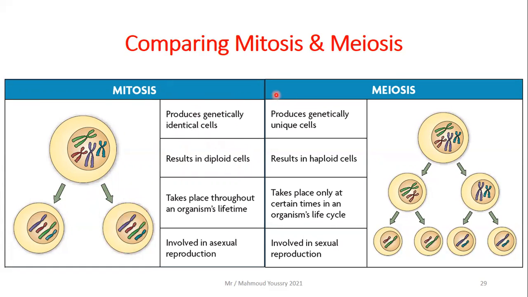While meiosis produces genetically unique cells, because it divides the number of chromosomes, and meiosis results in haploid cells. Mitosis takes place throughout an organism's lifetime, in all body cells. But meiosis takes place only at certain times in an organism's life cycle, at maturity. Mitosis is also involved in asexual reproduction, but meiosis is involved in sexual reproduction.